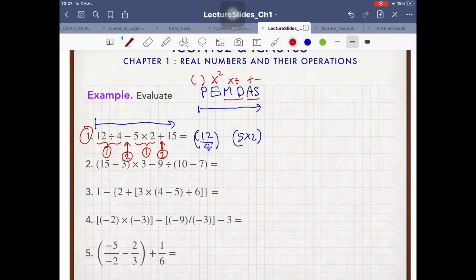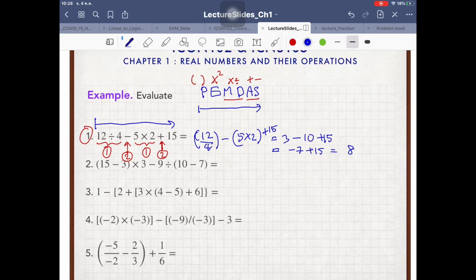Once you calculate 12 divided by 4, now you get 3. And then you calculate 5 times 2, you get 10. And then after that, you just take the subtraction. So now you have 3 minus 10. And then you also apply the addition. You add the term of plus 15. So this will give you minus 7 plus 15. So the answer will be 8.